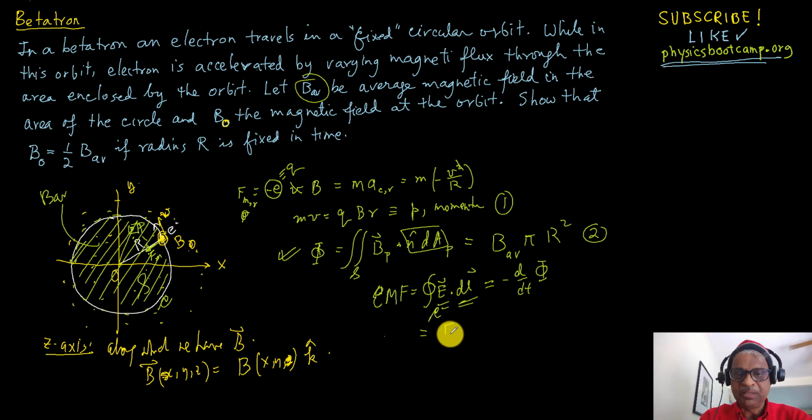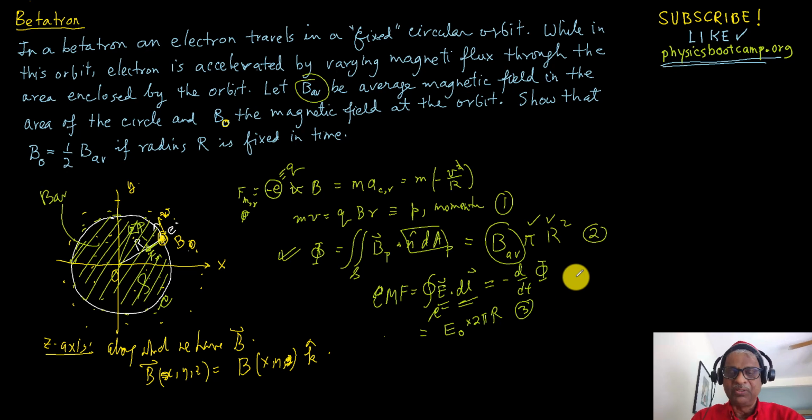So this should be whatever it is on that orbit, times 2 pi r. So the electric field at the orbit has this value. Let's call this equation 3. So we have a relation of phi. We can do integration. This is constant, this is constant, and that's the rate at which B average is changing.